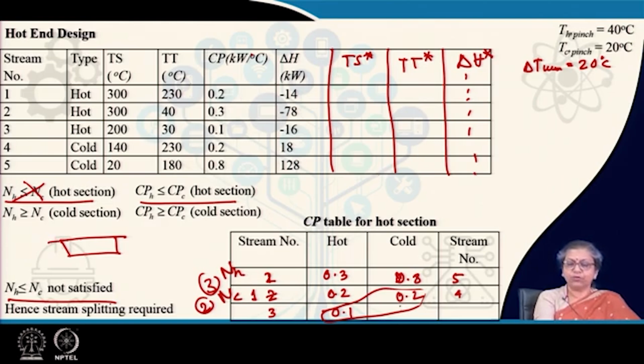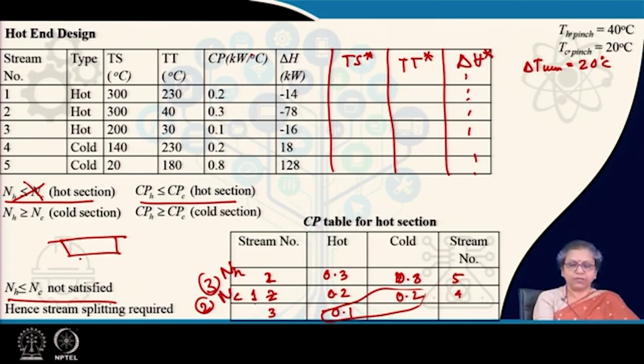Naturally, stream 4 has very little Cp, so we will not like to split it. Quite naturally, we would like to split stream 5 into 2 streams, such that one stream exchanges heat with stream 2, and one stream exchanges heat with stream 1.